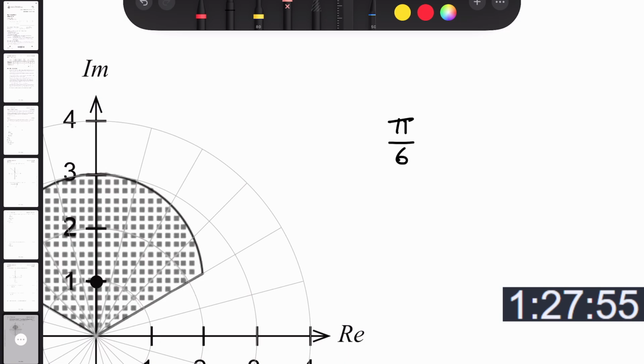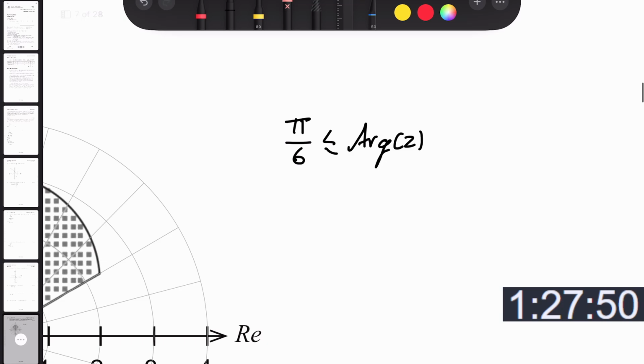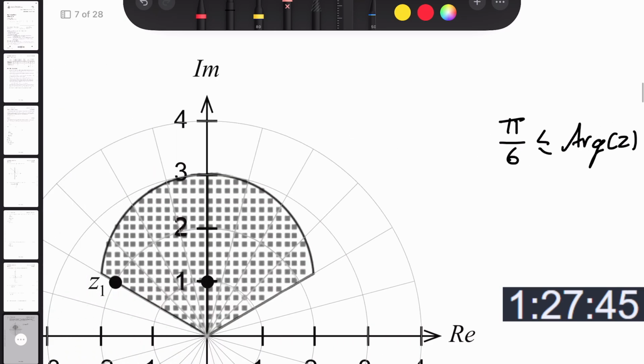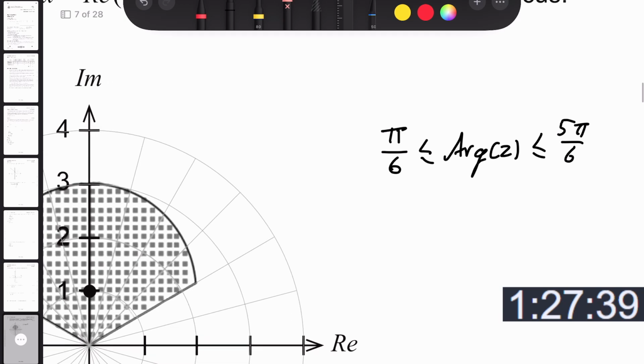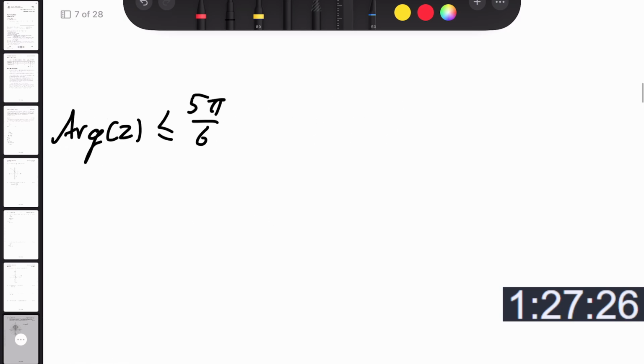So pi on 6 is less than or equal to the argument from the origin, less than or equal to 5 pi on 6. And then we need that the magnitude of z minus i, because we're going from i, is less than or equal to 2. Okay, so let's write this up here. And magnitude of z minus i is less than or equal to 2.